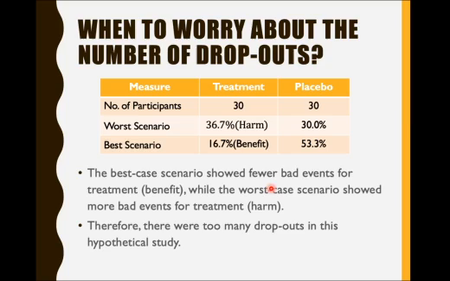So, going back, the conclusion in the worst scenario is that treatment is harmful, but in the best scenario, treatment is beneficial. So they are different from each other. The best scenario showed fewer bad outcomes for the treatment, and that's benefit, while the worst scenario showed more bad outcomes for the treatment, and that's harm. And therefore, the conclusion is there were too many dropouts in this hypothetical study.